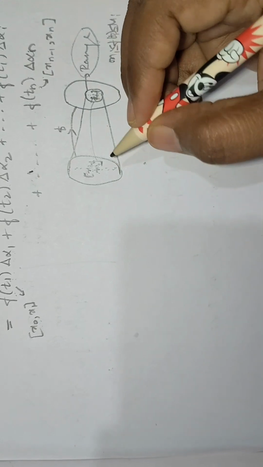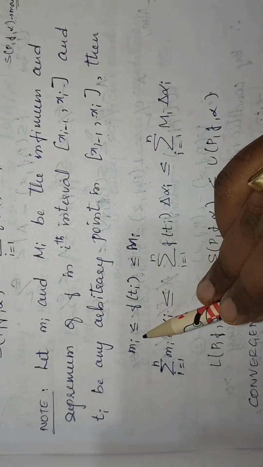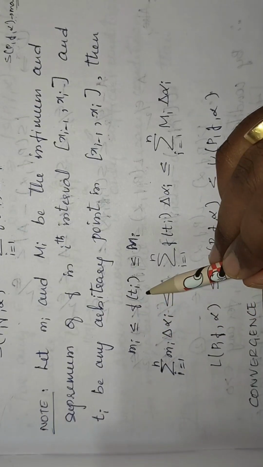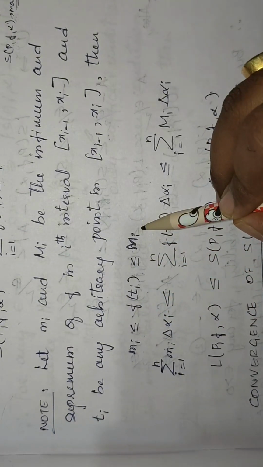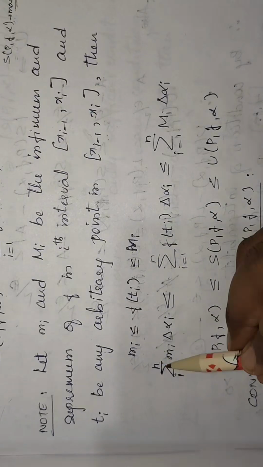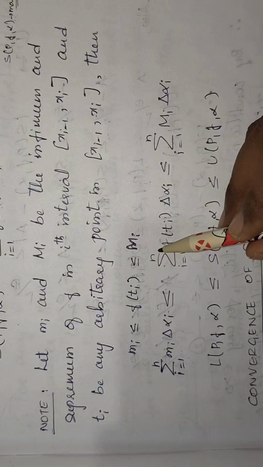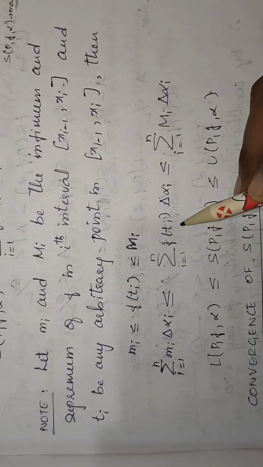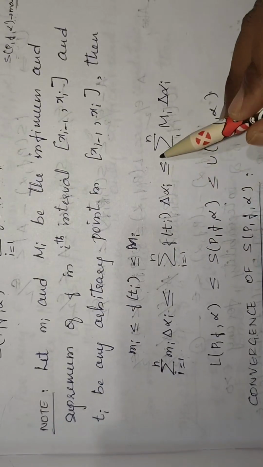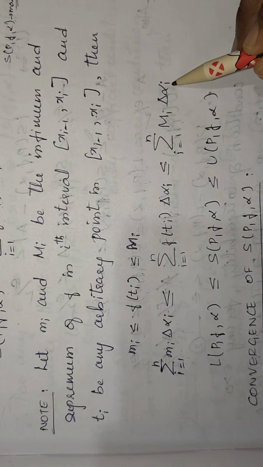So here mi is less than or equal to f of ti less than or equal to capital Mi, and if you multiply by delta alpha i throughout and sum from i equal to 1 to n, we have summation i equal to 1 to n mi delta alpha i less than or equal to summation i equal to 1 to n f of ti into delta alpha i less than or equal to summation i equal to 1 to n Mi into delta alpha i.